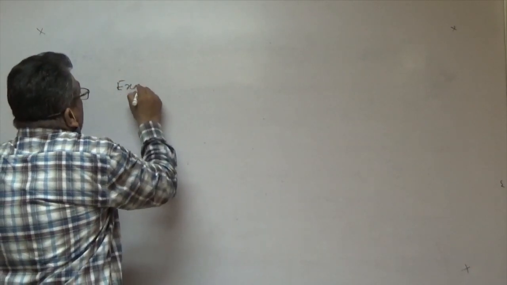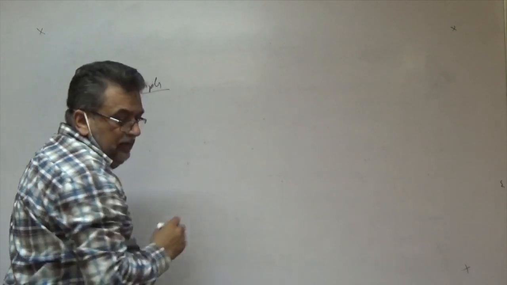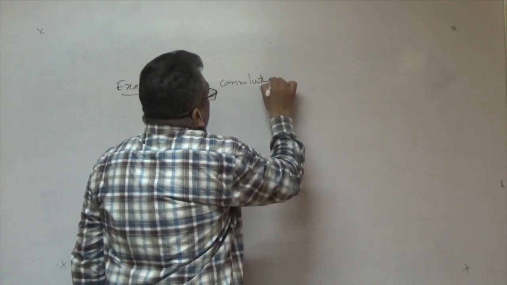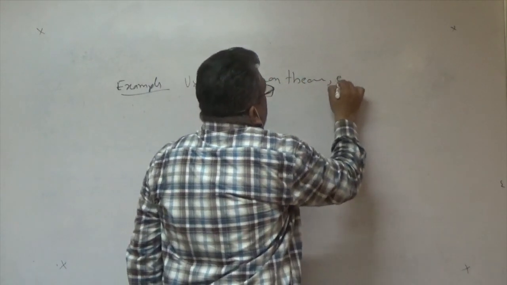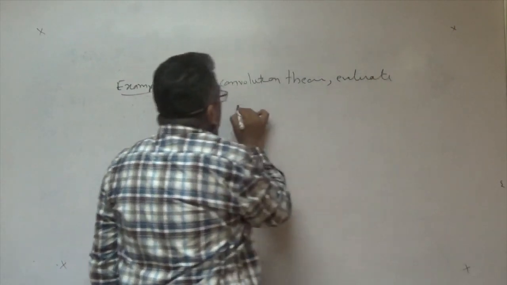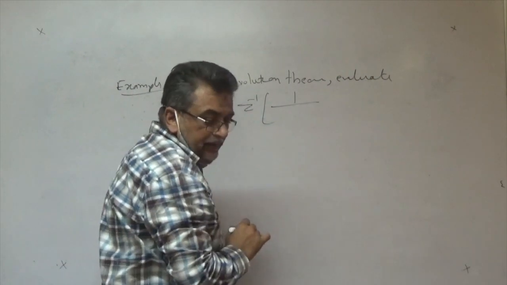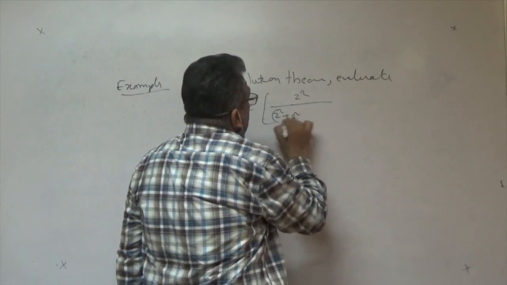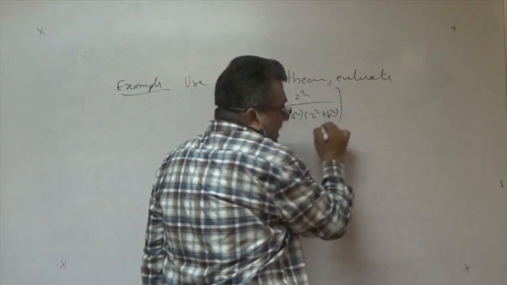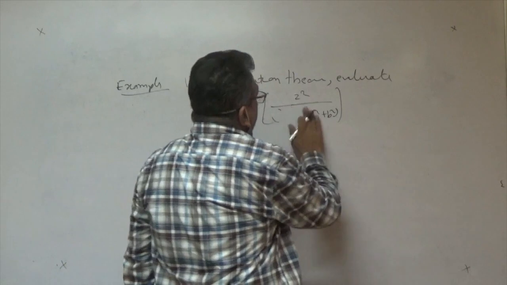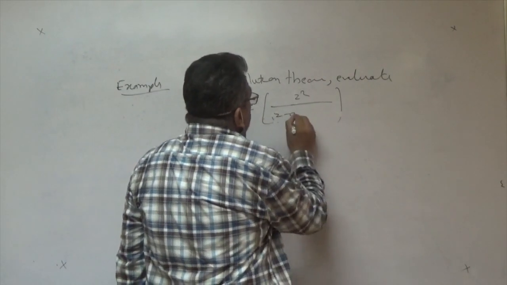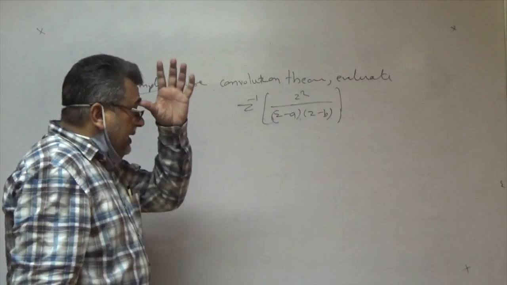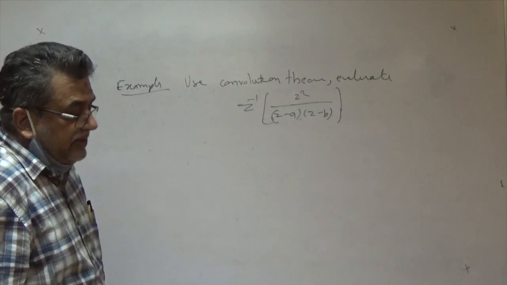Example: use the convolution theorem to evaluate the inverse Z transform of Z square upon (Z minus A)(Z minus B). Take this one. You have to find the inverse Z transform of this.